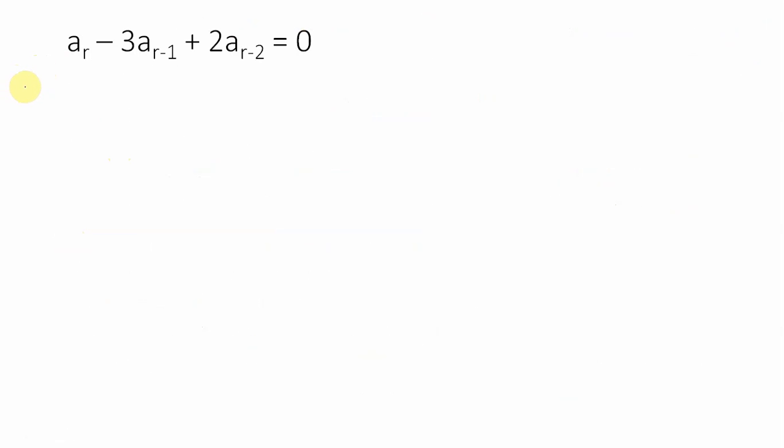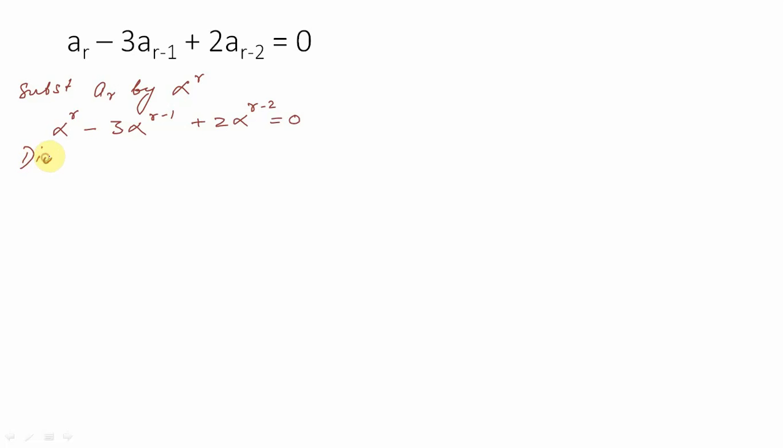So what I'll do is substitute a_r by, let us say, alpha to the power r. Let's use the variable alpha. So I'll get alpha to the power r minus 3 alpha to the power r minus 1 plus 2 alpha to the power r minus 2 is equal to 0.